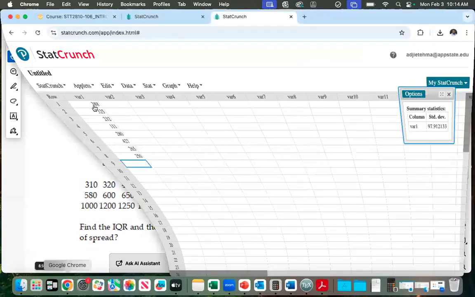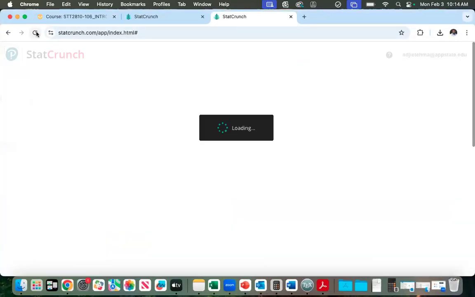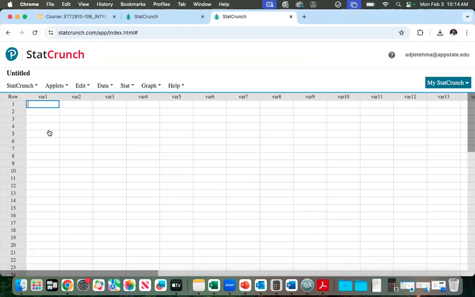So let's do that. Usually for me, when I hit reload, everything goes off.